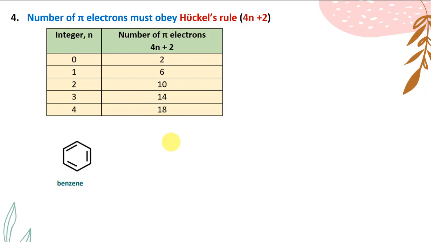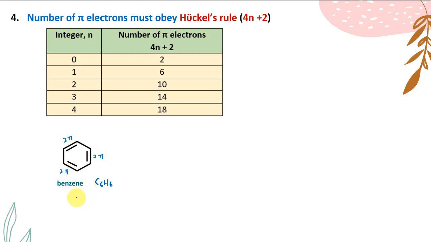So let's look at the first structure, benzene. Here we have benzene with a formula of C6H6. This is quite a common aromatic compound that we're going to use in this chapter. How are we going to look at the pi electrons? Each of the double bonds contains 2 pi electrons. So you have 2 pi electrons, 2 pi electrons, and 2 pi electrons.